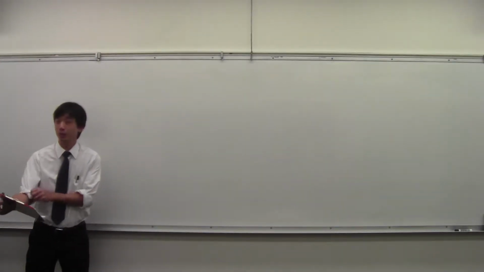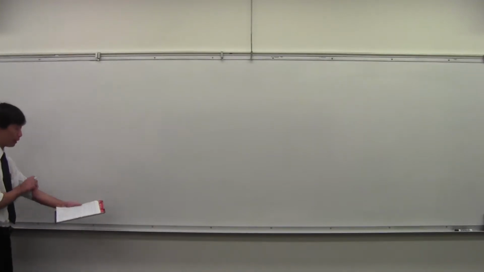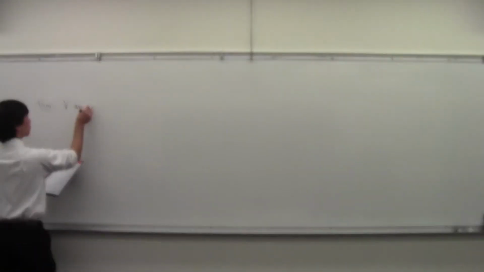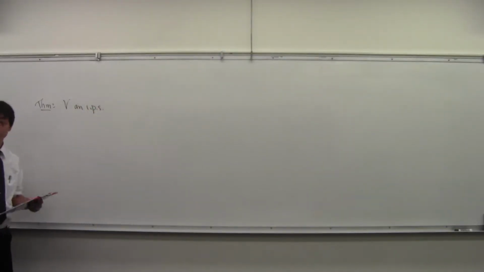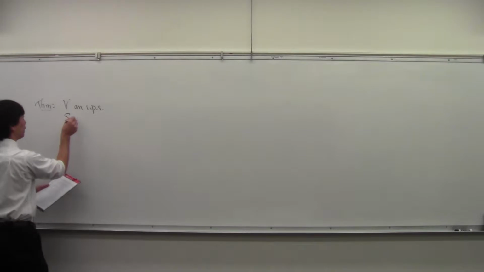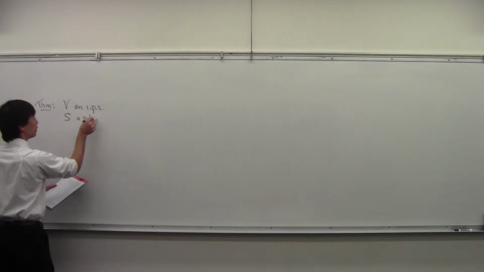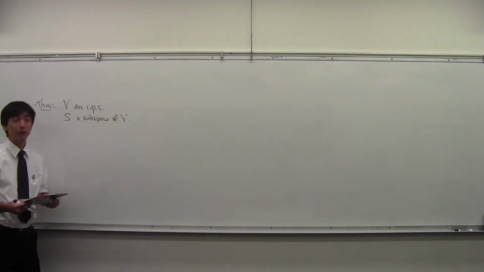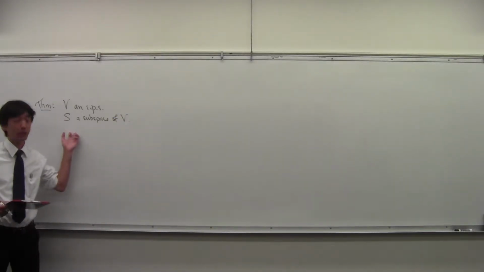Okay, so let me try and review the main thing that happened last time. Last time we had this theorem. It said the following. You have an inner product space, and then you have a subspace inside of it.